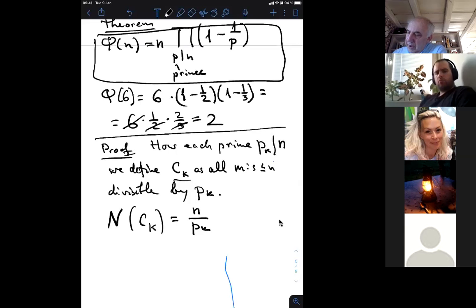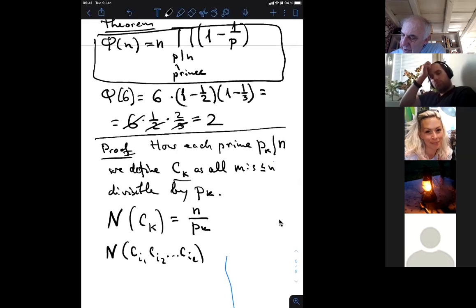Now, say we are picking a bunch of such primes, c_i1, c_i2, up to c_il, which in other words is how many numbers are divisible by p_i1, p_i2, p_i3, and so on.